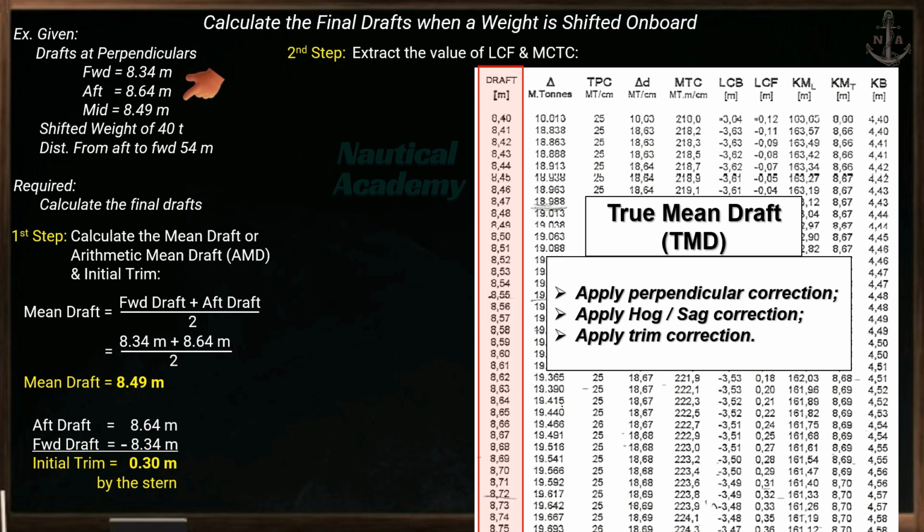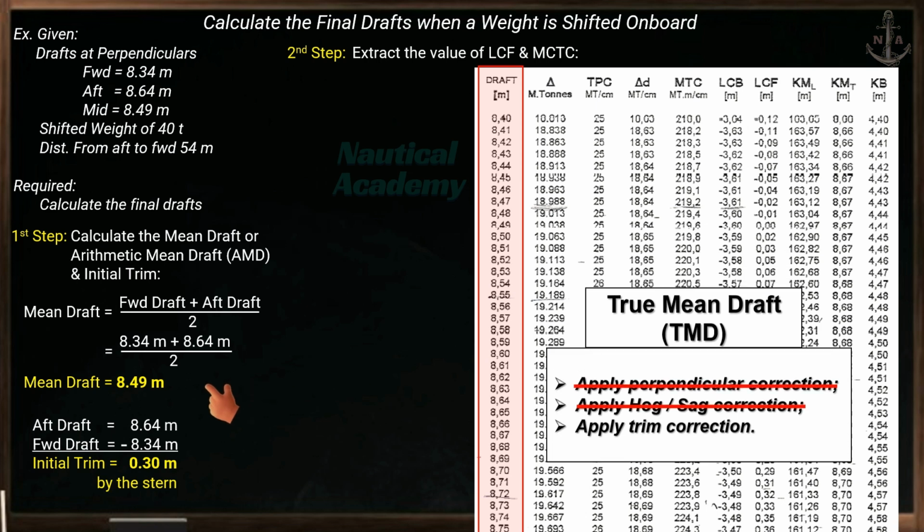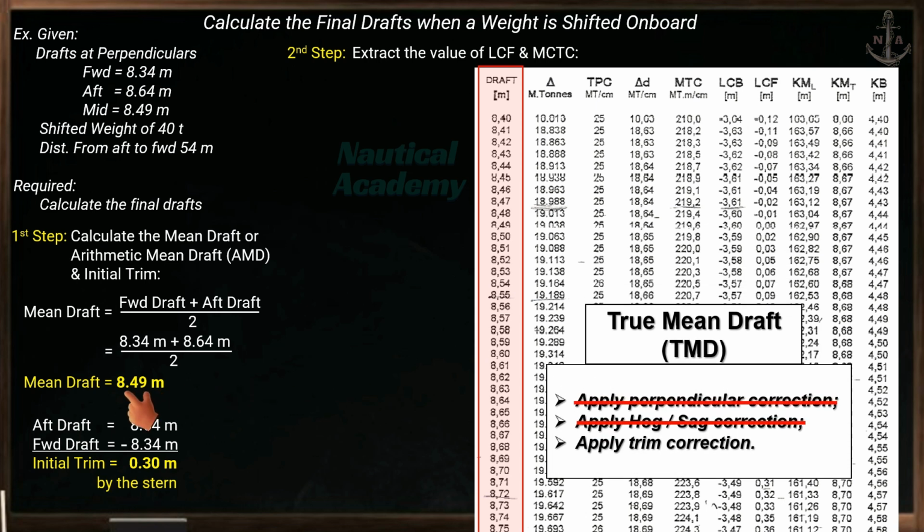In our scenario, the given drafts are drafts at perpendiculars, so no need to apply a perpendicular correction. If we observe, our midship's draft and arithmetic mean drafts are the same, it means no hull deformation, so no need to apply hog or sag correction. For trim correction, let's check our mean draft in the hydrostatic table.